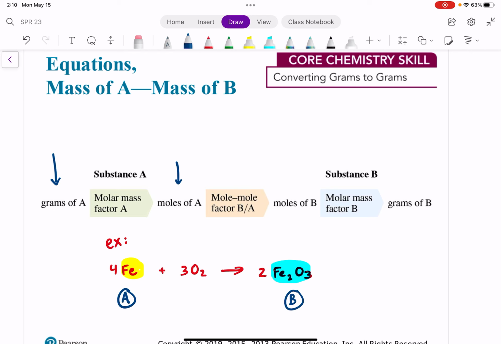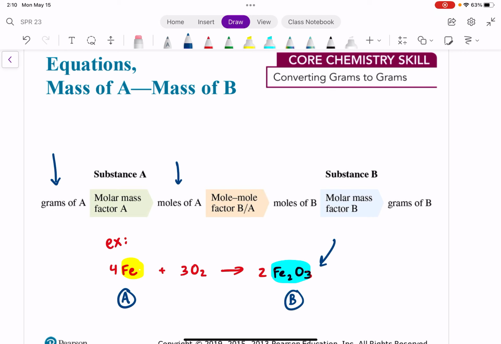Well, we want to be able to compare our mole-to-mole ratio, or our mole-to-mole factor. We want to be able to say, hey, I know from my balanced equation that 4 moles of iron react with 3 moles of oxygen to produce 2 moles of my product. So I know the ratio that those things react in, whereas I don't know how many grams of this I have. That's what I'm trying to figure out.